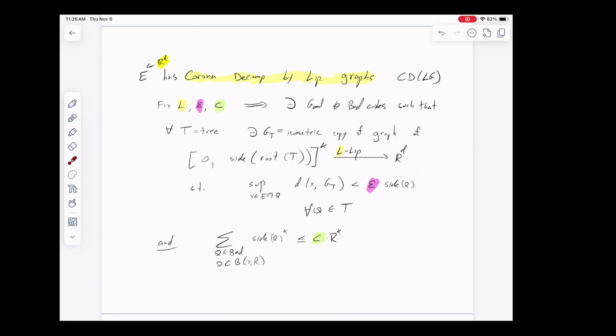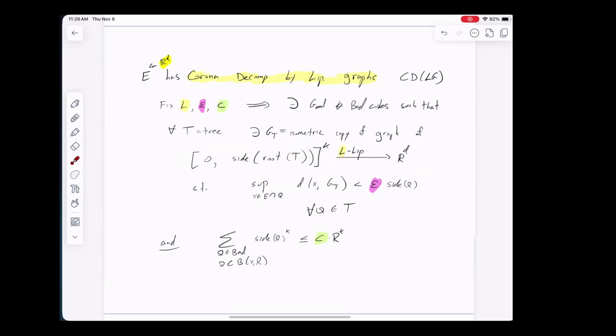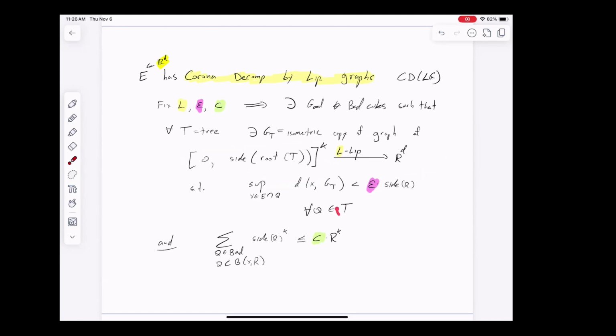And the graph is going to approximate the leaves of T in the sense that the distance between any point X inside any cube in T, specifically a leaf, and G_T is bounded by epsilon times the side length of that cube. So the smaller the cubes are inside T that contain X, the better the approximation.